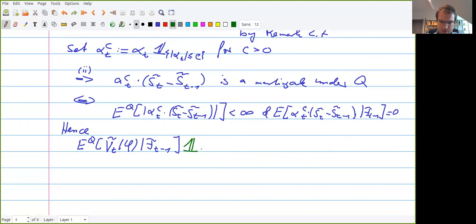So if I consider this conditional expectation here, I have to add my alpha t, otherwise, of course, this is not right.